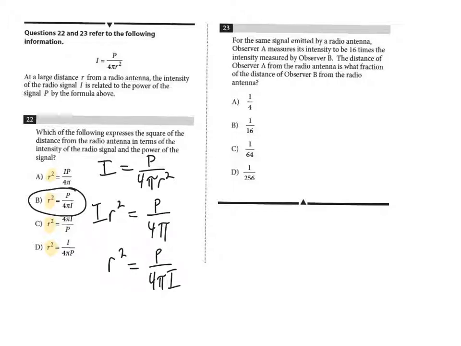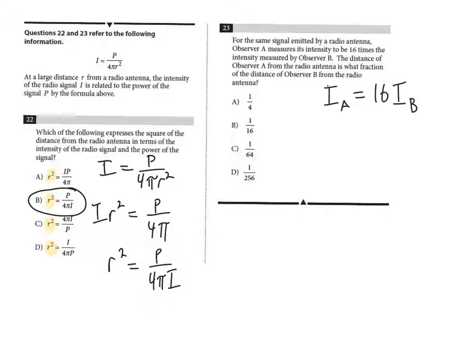Okay, so let's say the intensity of A is equal to 16 times the intensity of B. So we want to figure out what the ratio is for the distances.